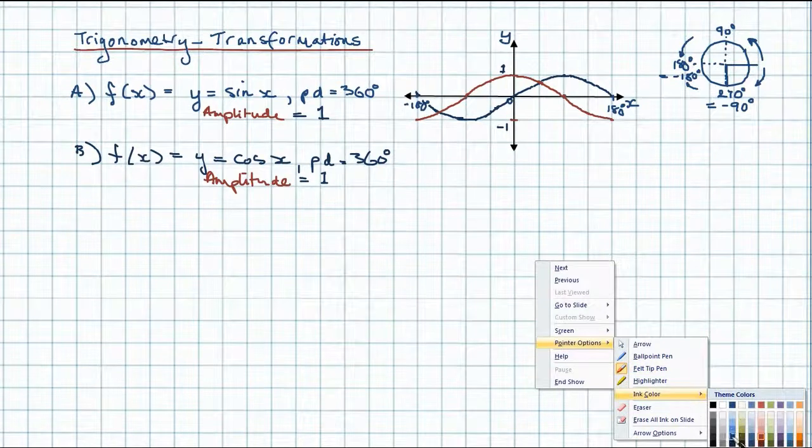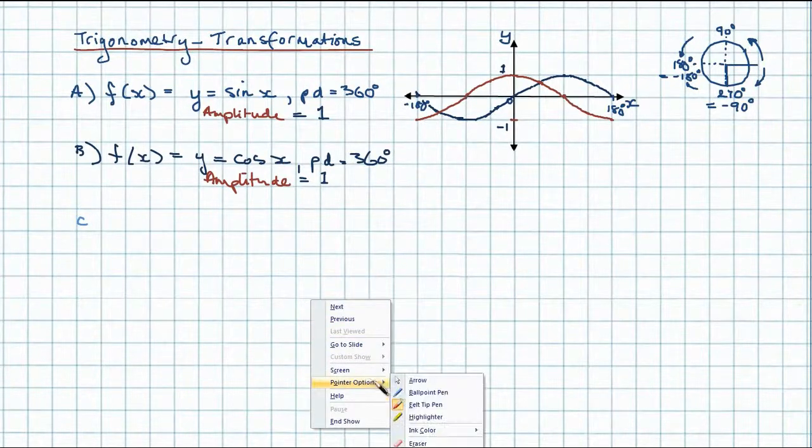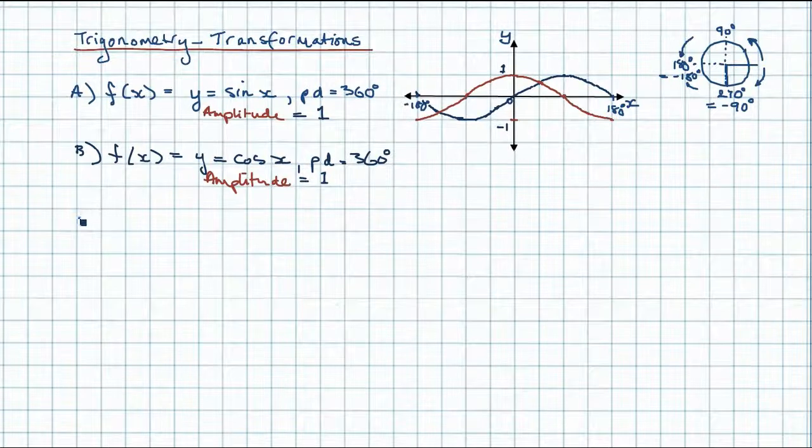Okay, let's make it a little harder. This time, let's distort our function a little bit. This is what we mean by transformation. So far, all we've done is sketch what we call the parent functions.